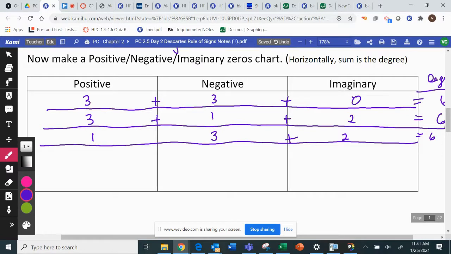Is there another scenario, let's see, where I could have 1 positive? I see 2 scenarios where I have 2 positives, or 3 positives. Yeah. What do you think? We could have 4 imaginary. Yep. 1 positive, 1 negative.